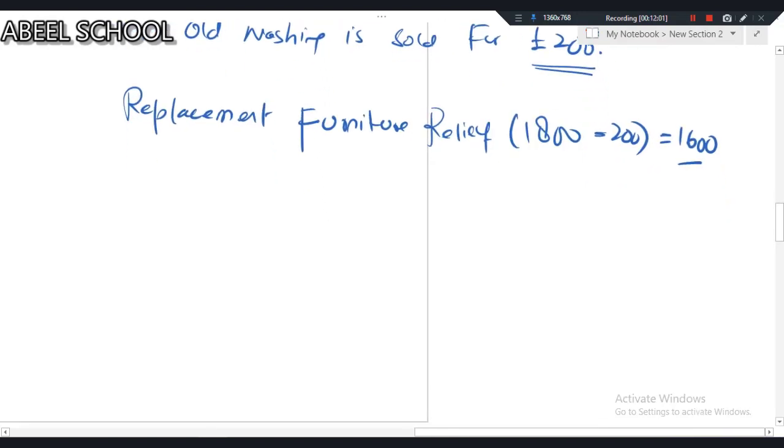Now let me give you another example of replacement furniture relief.